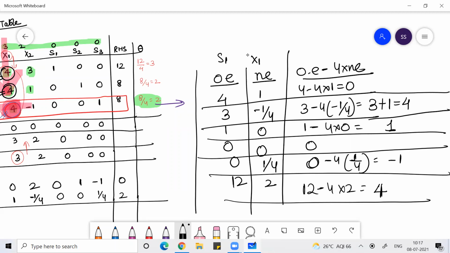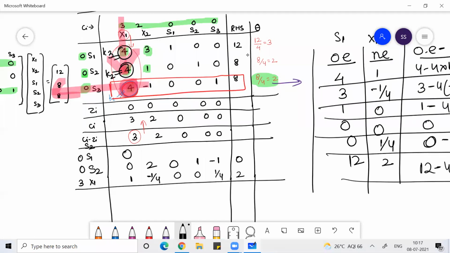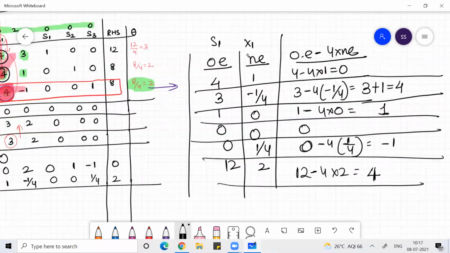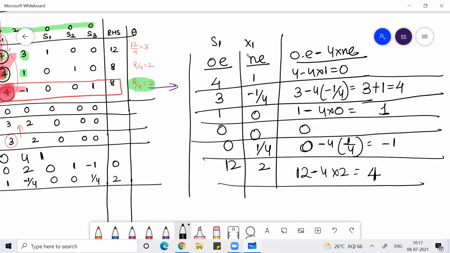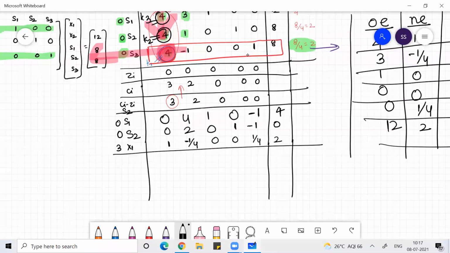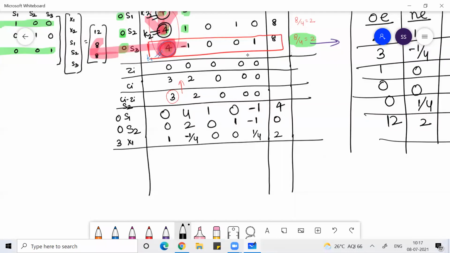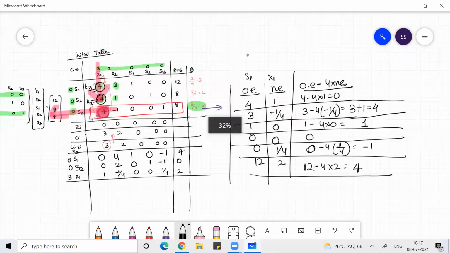Clear everyone? Now write down the values here. 0, 0, then 4, 1, 0, 4, 1, 0, 4, 1, then 0, then minus 1, then 4. Clear everyone?